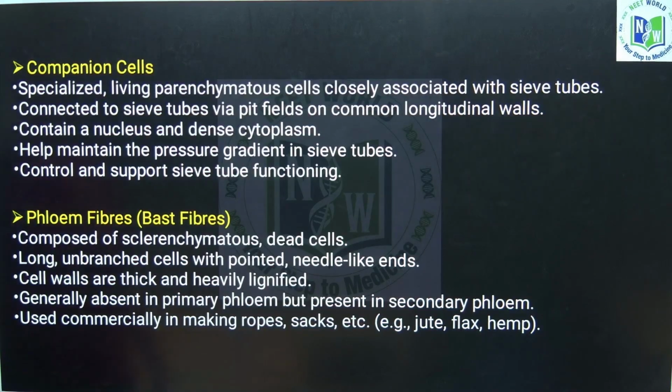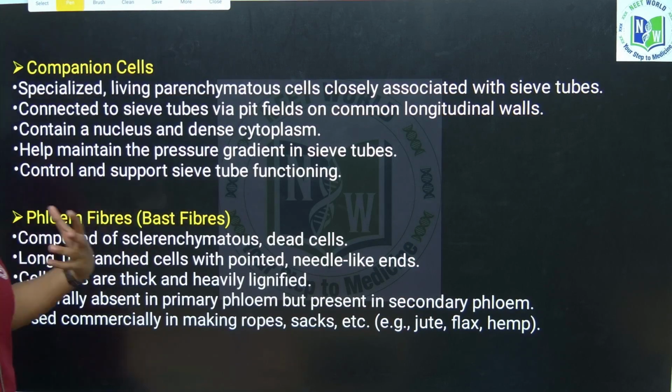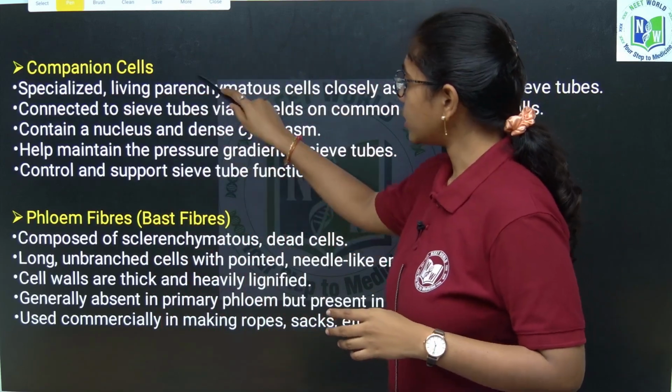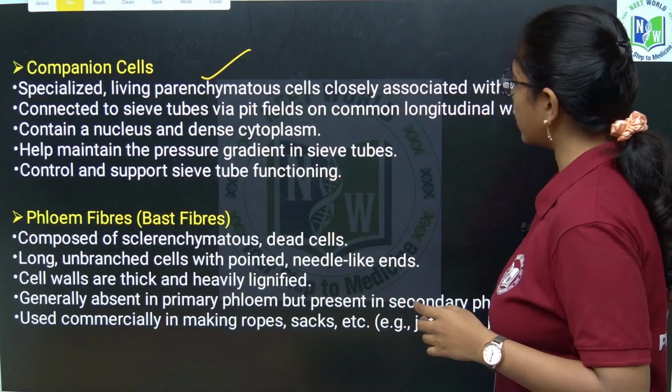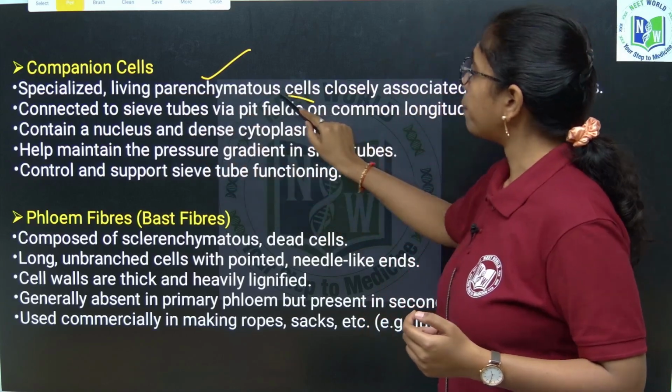If you look into the companion cells, they are specialized, living parenchymatous cells, closely associated with sieve tubes. They are connected with sieve tubes via pit fields.